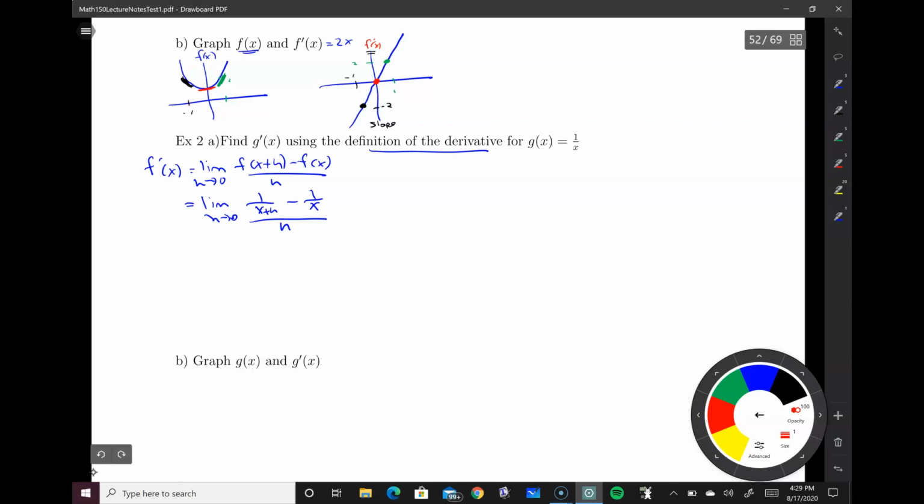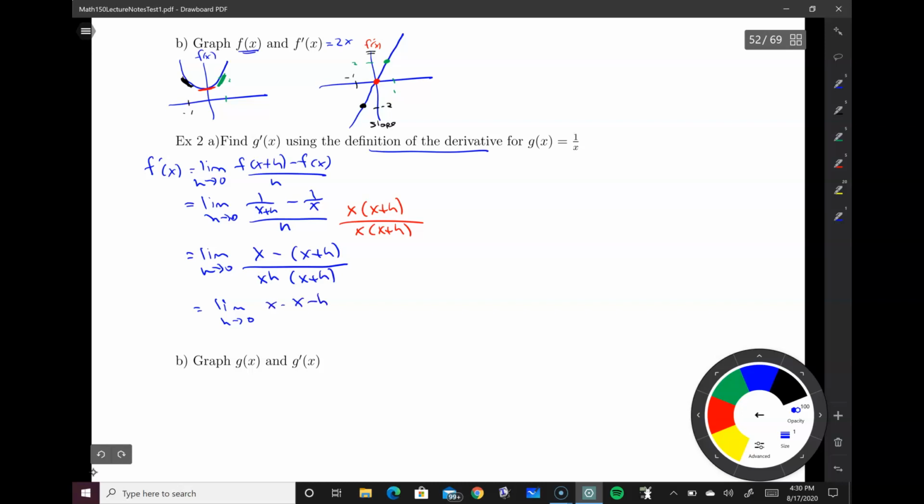We've seen these before. We want to multiply by the least common denominator, which would be x times x plus h. So here we go. Limit as h goes to 0, distributing, canceling as I go, x times x plus h.